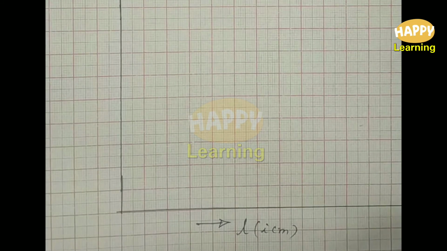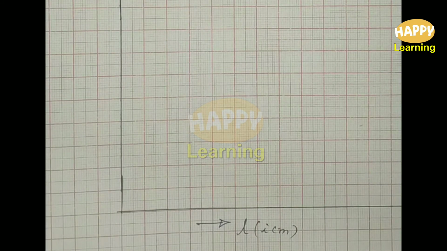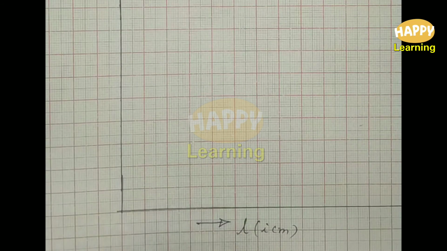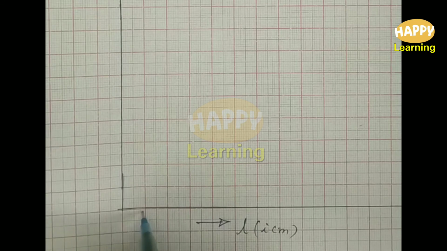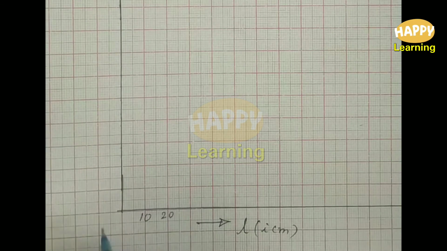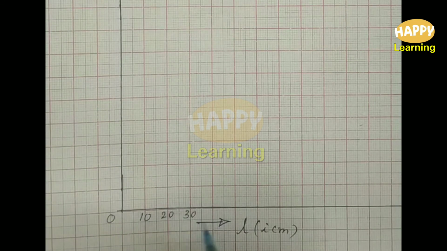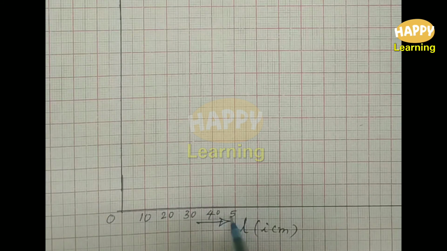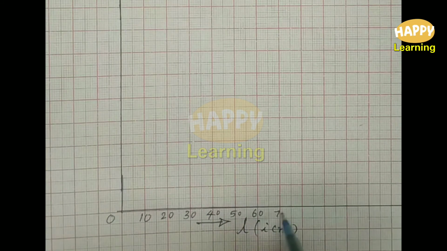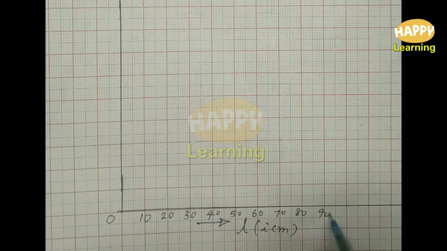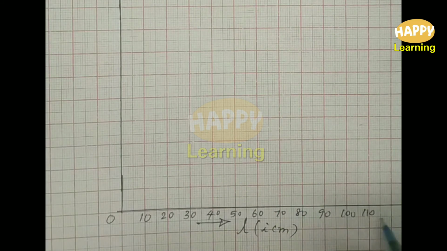Let us give the scale on x-axis. Each unit is equal to 10 centimeters. So 10, 20, 30, 40, 50, 60, 70, 80, 90, 100, 110, 120 and so on.